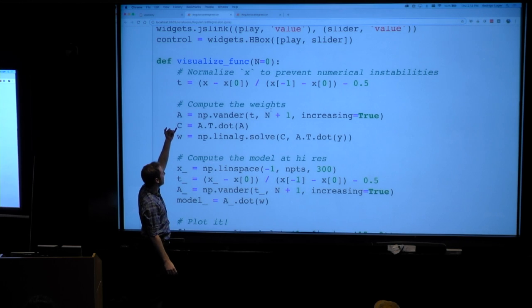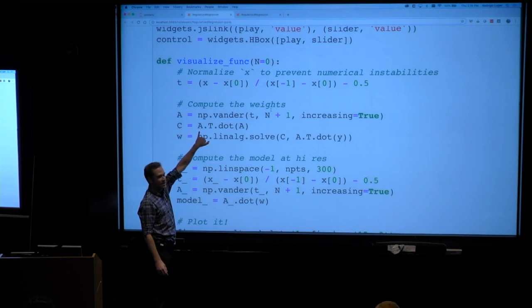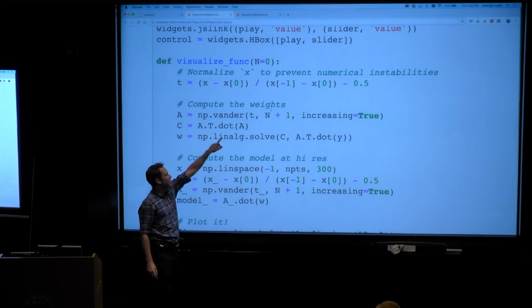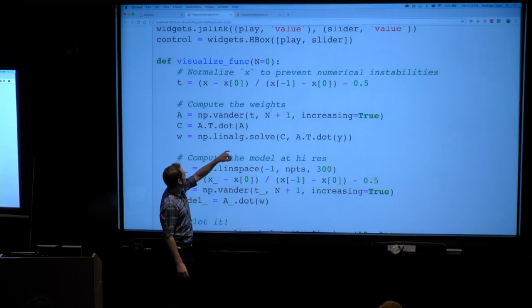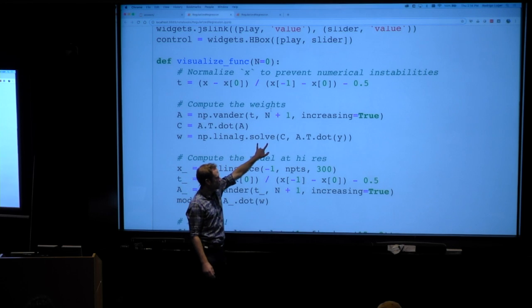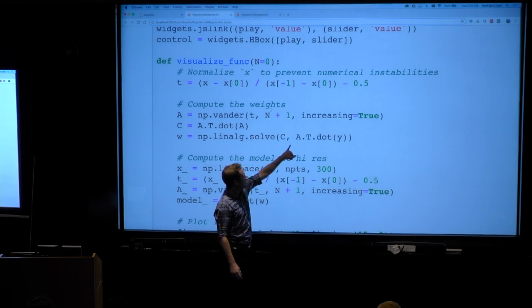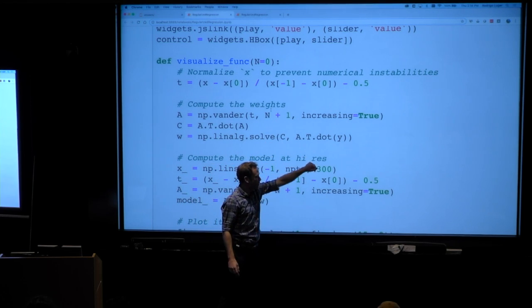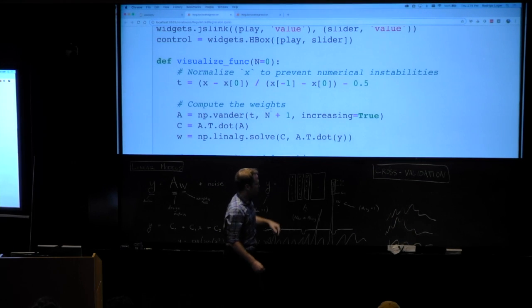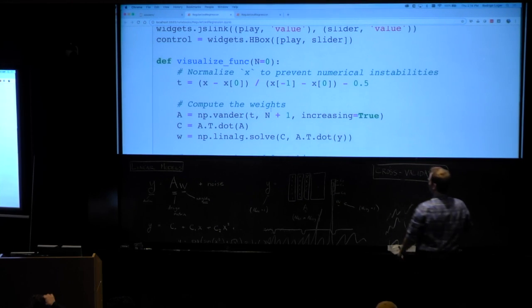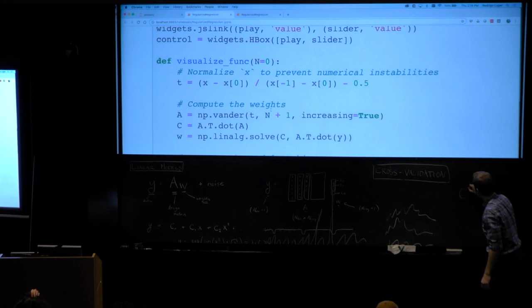The important line is right here, where I have my design matrix. I transpose it. I dot it with itself. You remember that from my lecture. And then here, I use np.linalg.solve c comma a transpose dot y. np.linalg.solve is solving this problem.